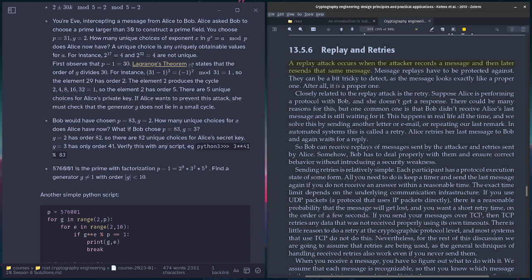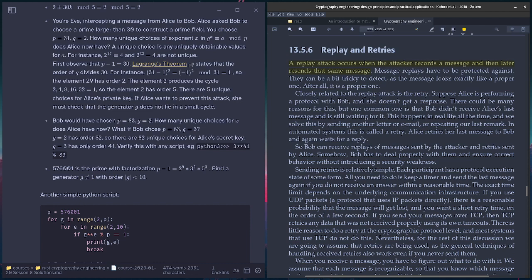So the subgroup that we're operating in with p equals 31 and g equals 2 is just 5 possible elements for Alice's secret value. So this means that Eve can almost certainly brute force what Alice's secret value is. She would be able to brute force it anyway if p was anything less than, I think the usual choice for Diffie-Hellman exponents is roughly 1024 bits.